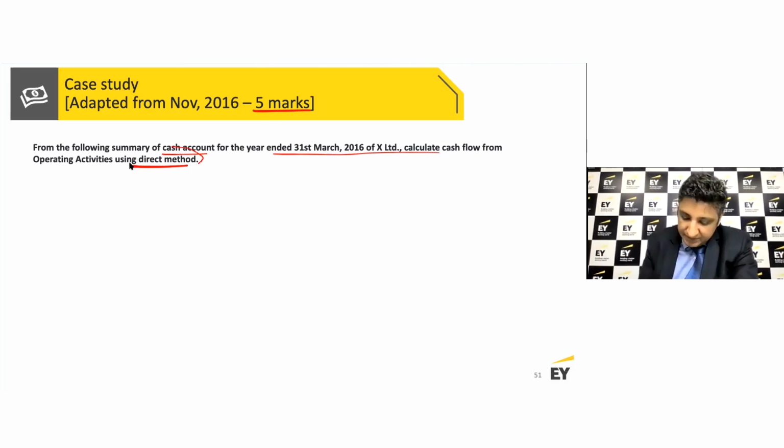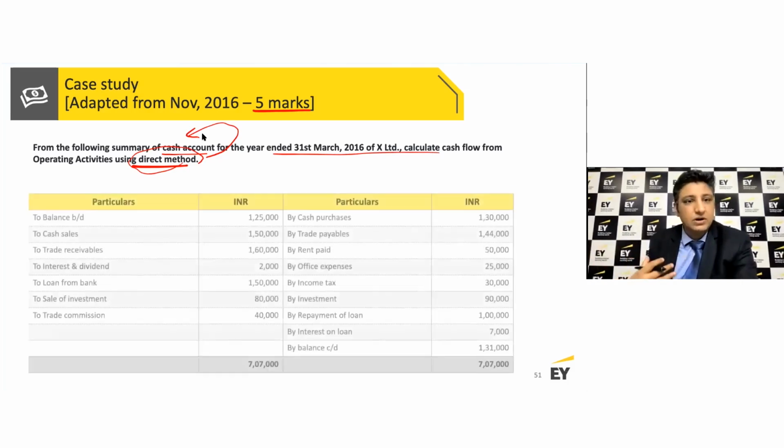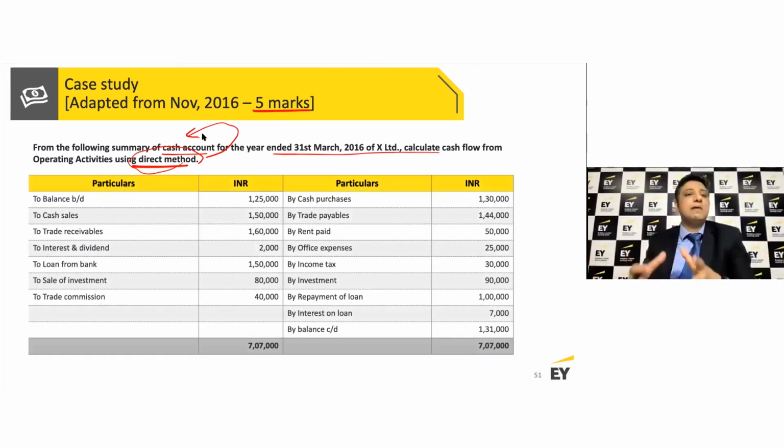Remember, direct method actually means using your cash account, your cash ledger, to pick up your operating activities and simply bring that calculation. So all I need to do is pick up those items which relate to operations. My cash sales would be essentially operations. My collections from receivables is operations.